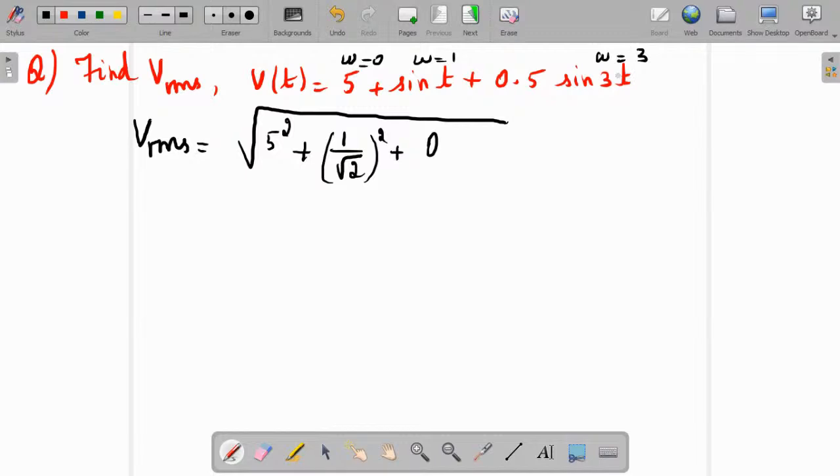Similarly 0.5 divided by root 2 the whole square, right? So this becomes 1 by 2 times 1 by 4, so 0.125.